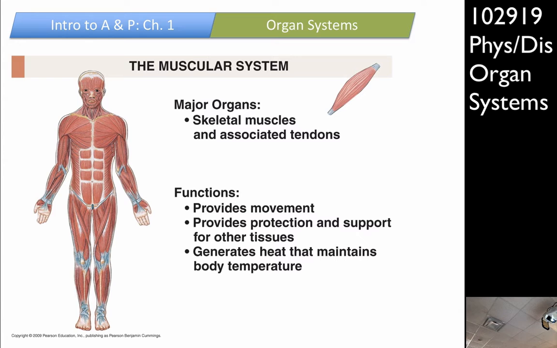Muscular system. So there are three types of muscle cells in the body: skeletal, smooth, and cardiac muscle. The muscular system is only skeletal muscle. And there are associated tendons.